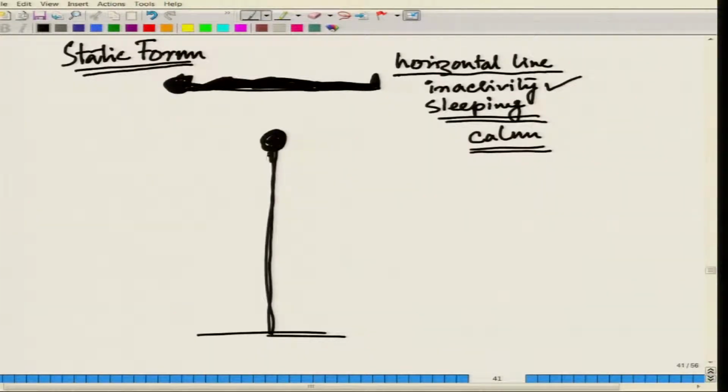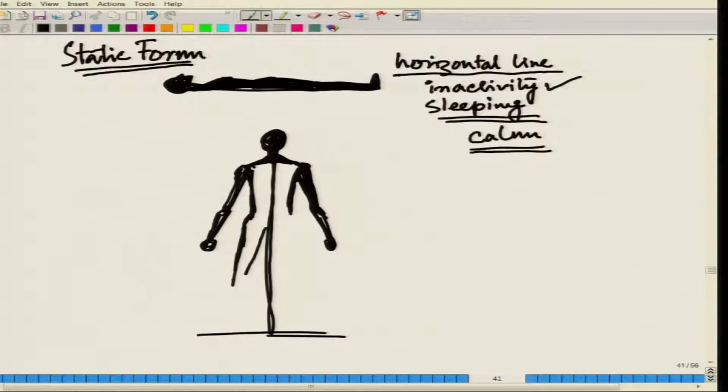So, it has a head, the body, so he has actually got up from his sleep. He is standing.